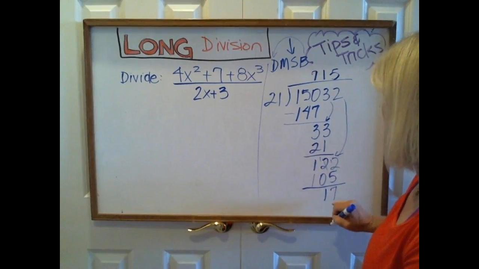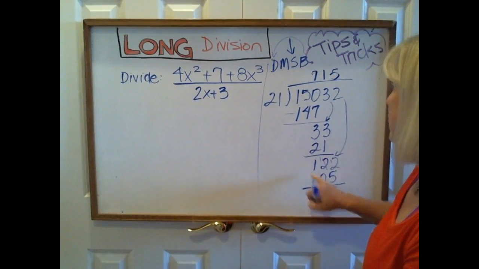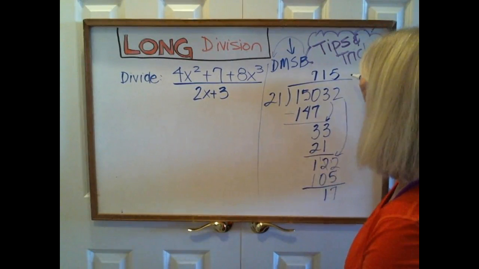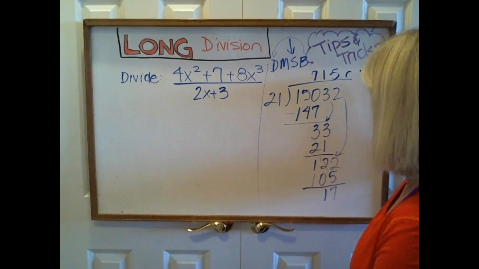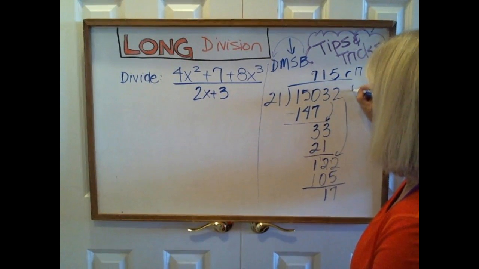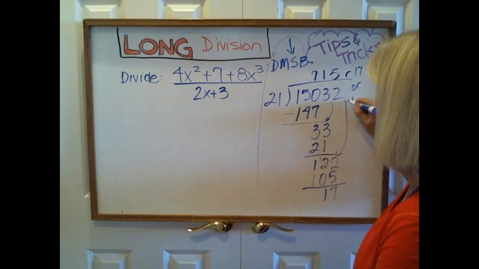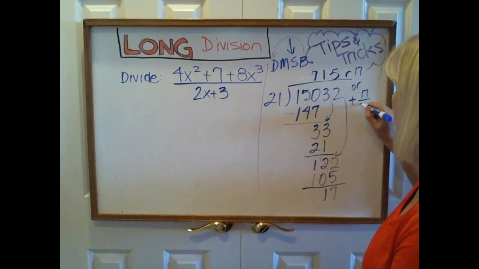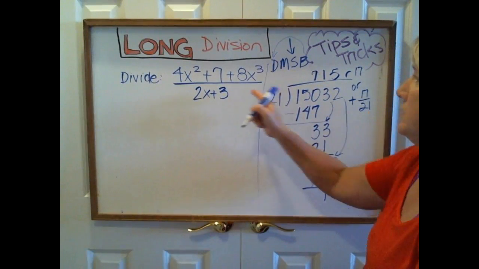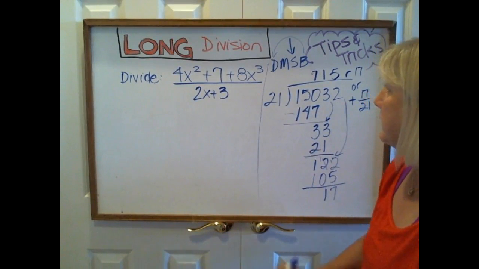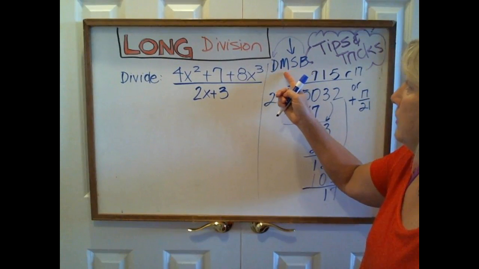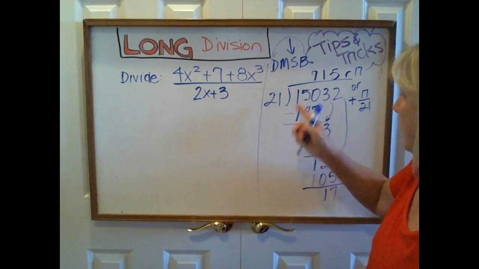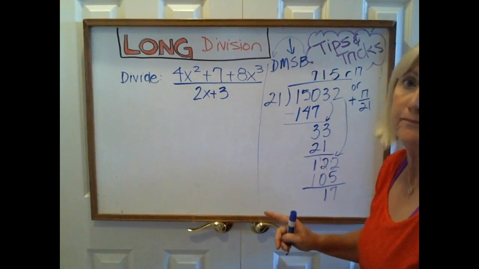And we get 17. So now we're done, because 17 is less than 21. So this would be a remainder of 17, or we would say plus 17 over 21, which is sort of what we want to do over here. So that's divide, multiply, subtract, and bring down with regular division.